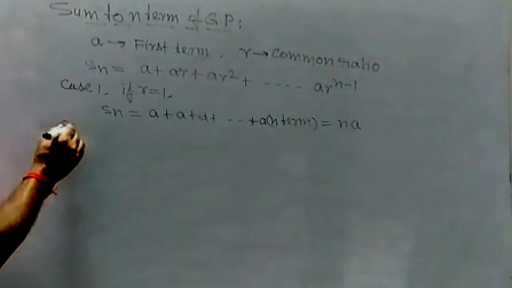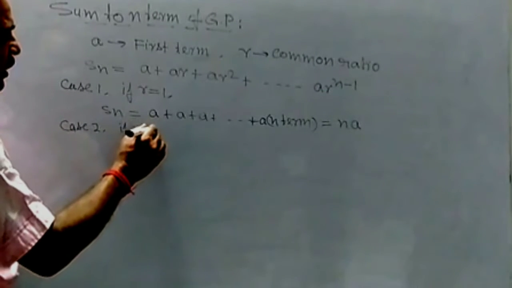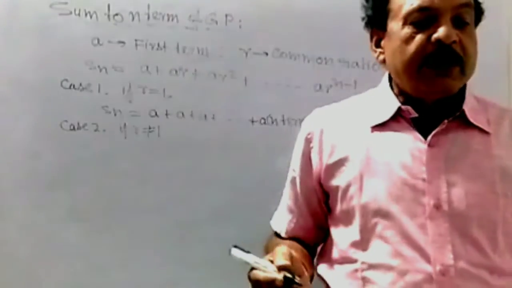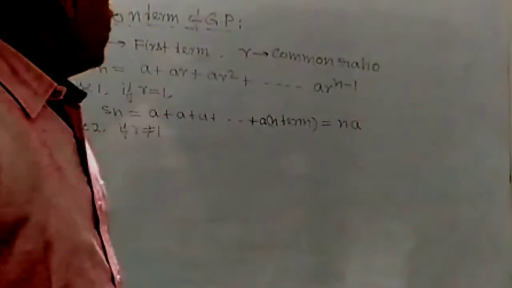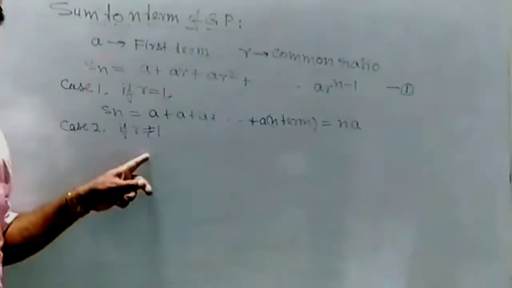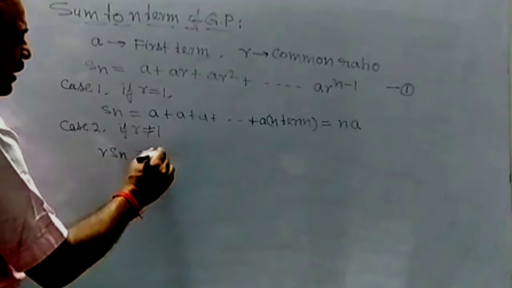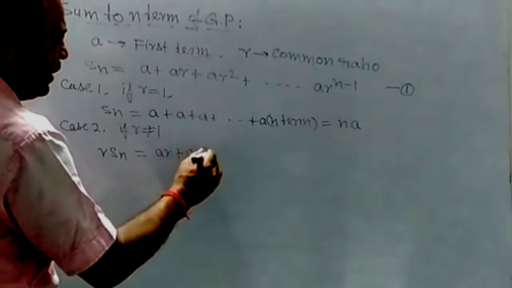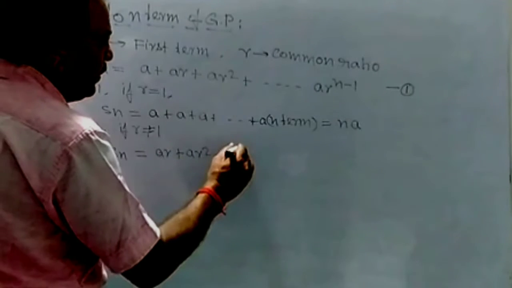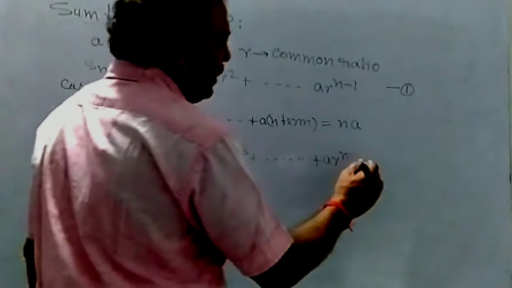Case 2: if R is not equal to 1, then we multiply the equation by R. So R Sn equals AR plus AR square plus AR cube and so on up to AR^n.